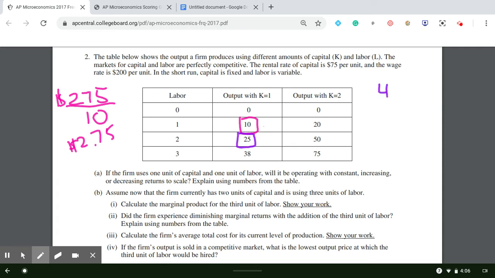So it'd be 475 divided by 25. So 25 into 100 is 4. 4 times 4 is 16. 75 is 3. So would that be 19? Right, goes into 19. Okay, so you get 19.